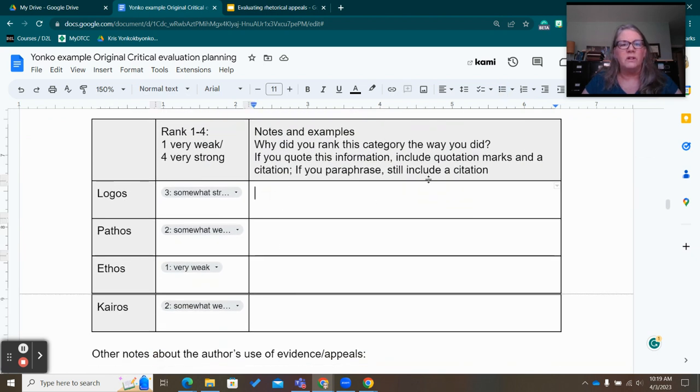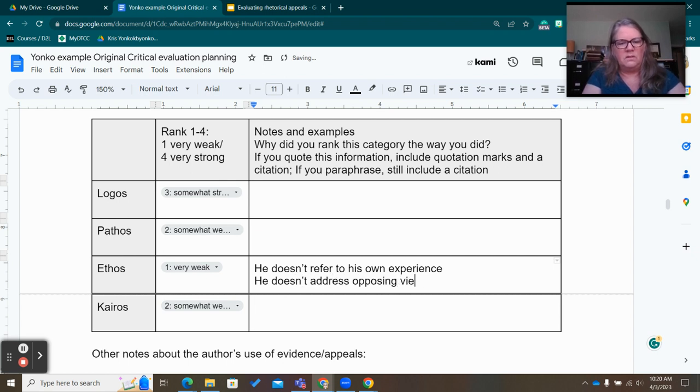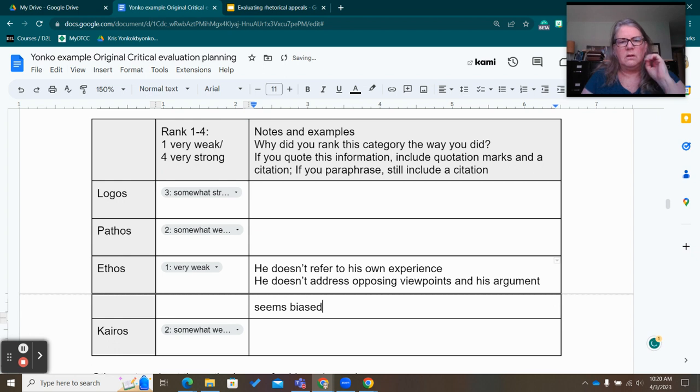Remember also to type some notes in here. So if I say that his ethos is very weak, I will say he doesn't refer to his own experience, he doesn't address opposing viewpoints, and his argument seems biased.